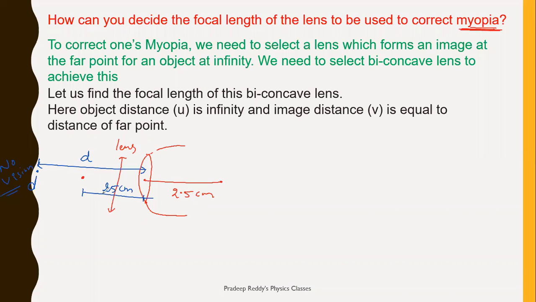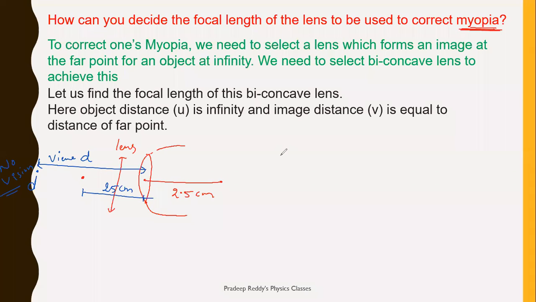Beyond this distance you cannot see objects clearly, and in between these two you can view objects clearly. Of course, this is the 25 centimeter least distance of distinct vision. Beyond this D value you are unable to see objects, so you will use a lens to correct it.